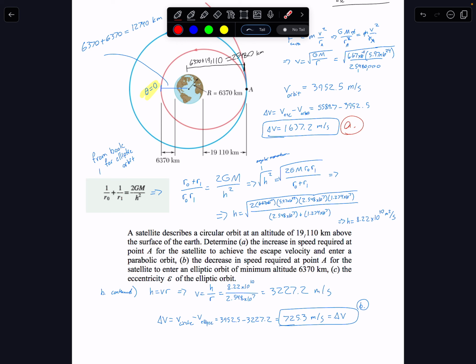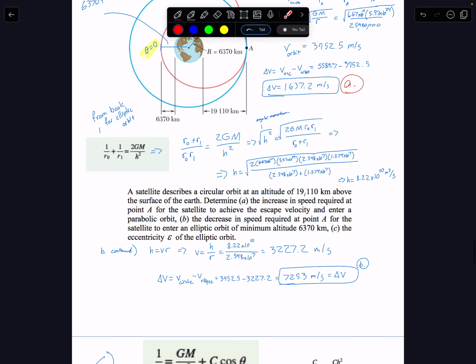R0 plus R1 over R0 times R1 is equal to 2 times the gravitational constant times the mass of the Earth over angular momentum squared. And so if we can find the angular momentum, we know that angular momentum is equal to the velocity times the radius, and that would allow us to find the velocity to enter the elliptical orbit, or how much it would need to slow down to enter the elliptical orbit.